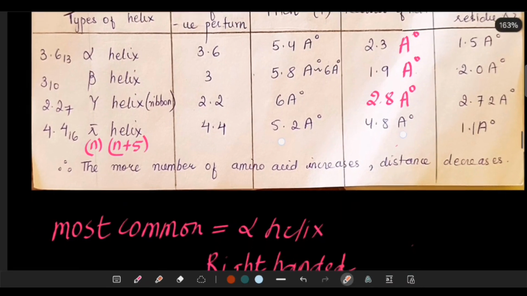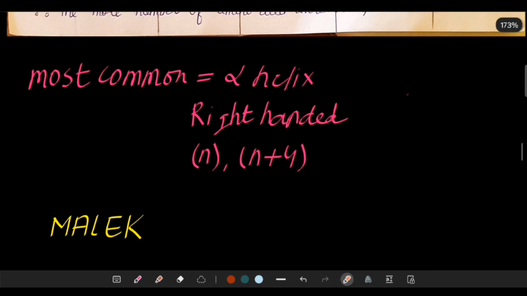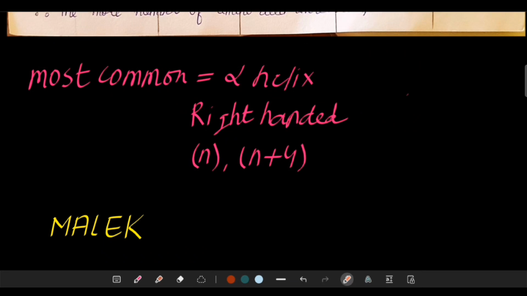Last common thing is, what is the most common form of helix? We learned about alpha, beta, gamma, delta, and then we also learned about pi. The most common form is alpha helix. The reason why it's alpha helix is because alpha helix forms a hydrogen bond which is like 180 degree.